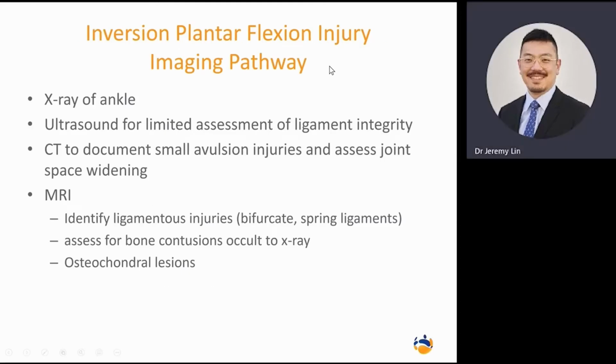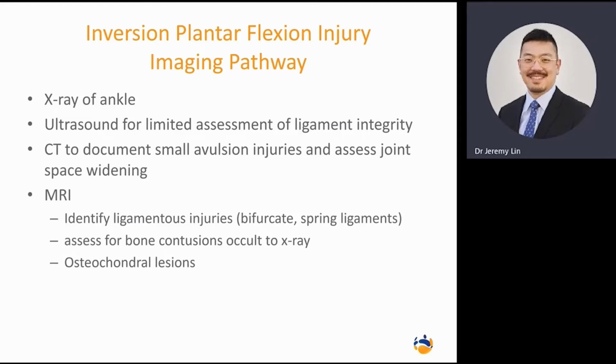Imaging pathway. Same as inversion injury, if you're suspicious based on mechanism or examination findings of this kind of injury, we can take an x-ray of the ankle to look for avulsion fractures. We can use ultrasound to assess some of the more superficially located ligaments, such as the dorsal talonavicular ligament and the calcaneocuboid ligaments.